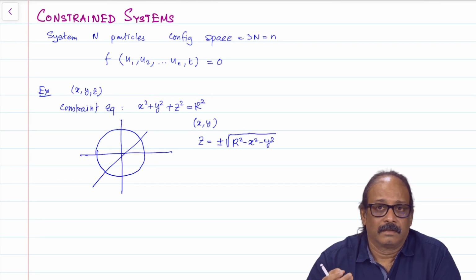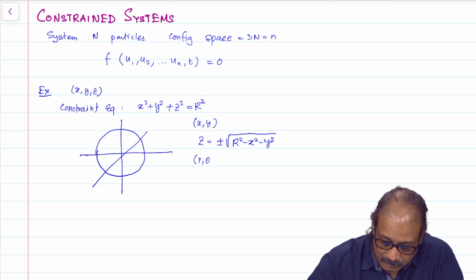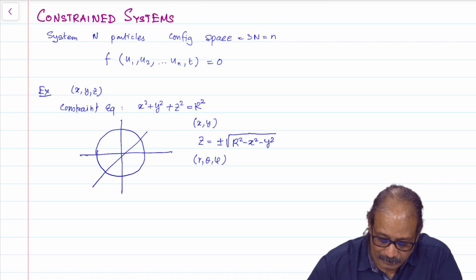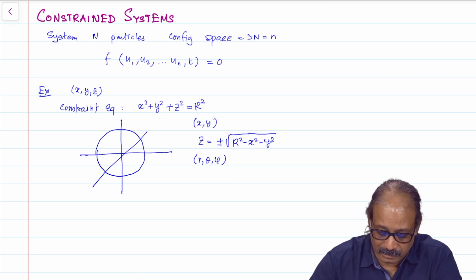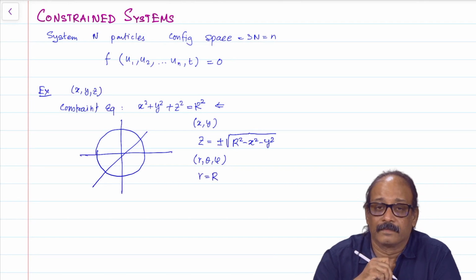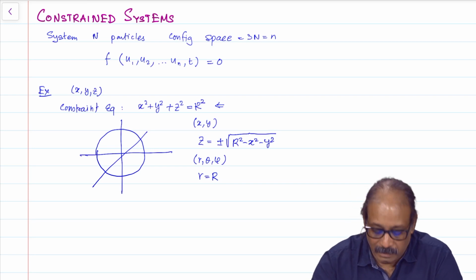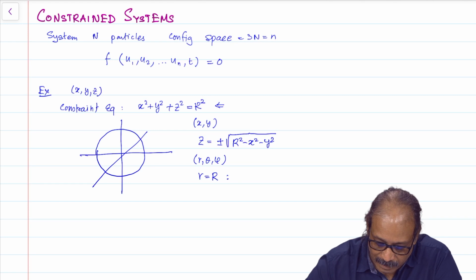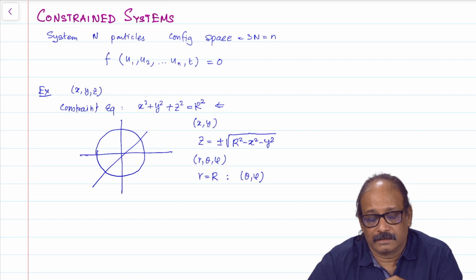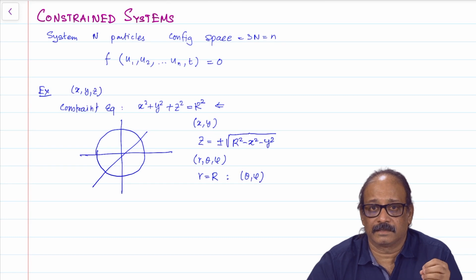Which coordinate system? Of course, all of us know that it is going to be the spherical coordinate system. In spherical coordinates, r theta phi, the same constraint will actually look like r is equal to capital R, and that means the points on the surface of the sphere can be uniquely specified by 2 coordinates, theta and phi. And does this theta phi contain the information about the configuration of the system?